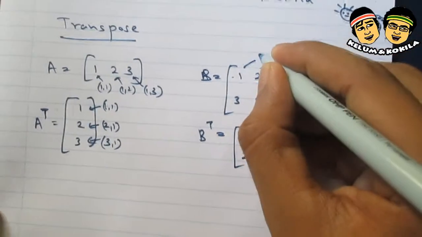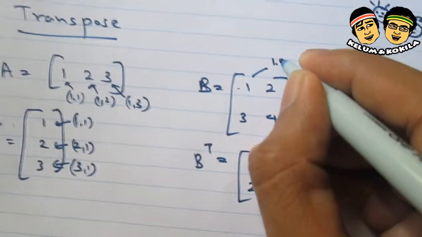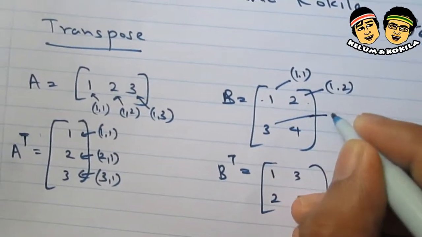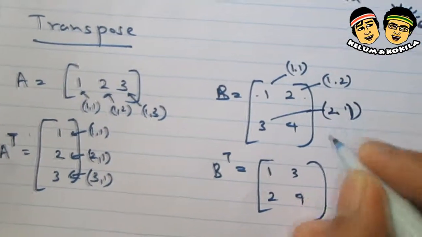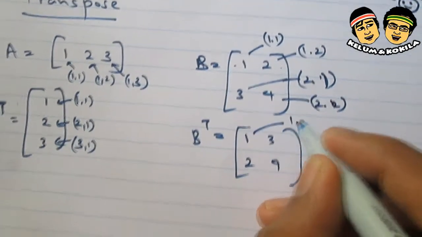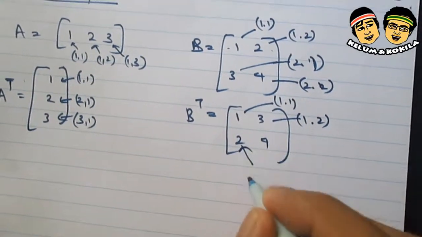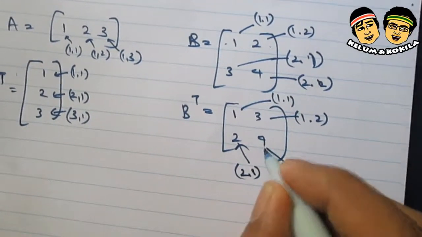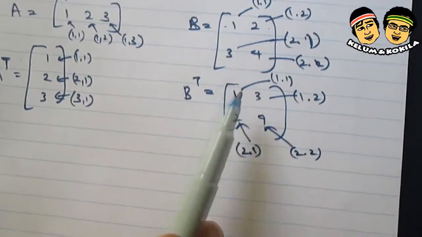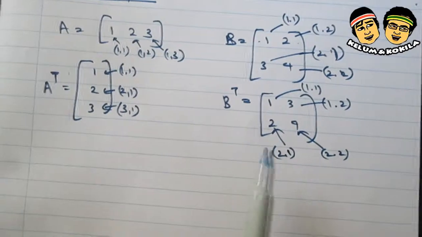So this position is 1,1, this is 1,2, this is 2,1, and this is 2,2. Here, this is 1,1, 1,2, 2,1, and 2,2. So all the rows and all the columns have been interchanged. That's the basic idea of the transpose.